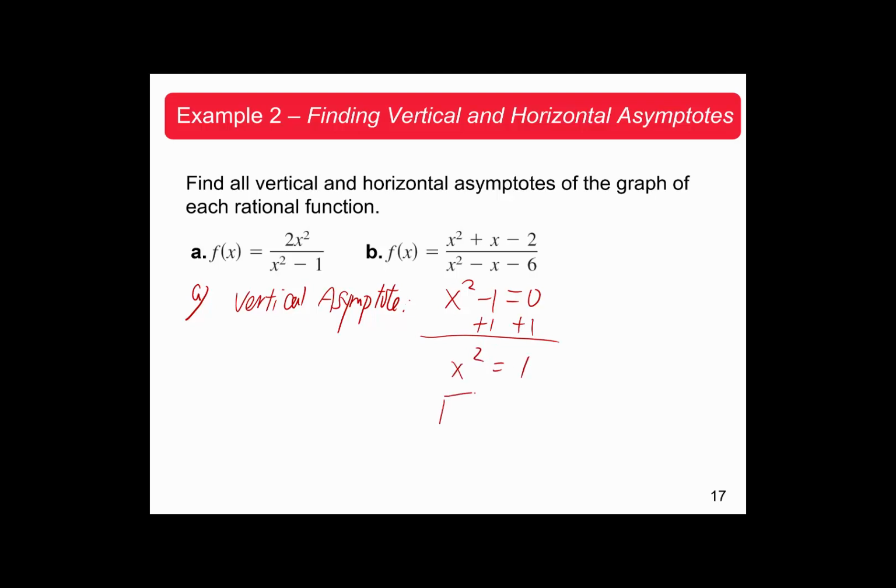You take the square root of both sides of the equation and put plus or minus on the right. Then we end up with the vertical asymptotes x equals plus or minus 1, right? We got it. So this is our vertical asymptote. And for the horizontal asymptote, a very similar analysis.